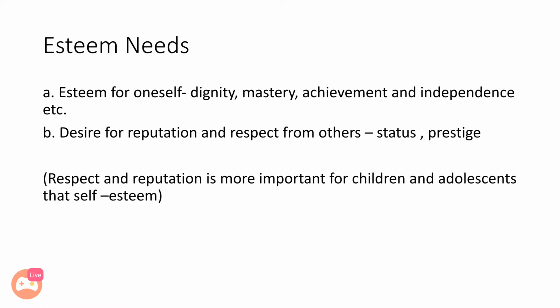This is status, prestige, okay. Because children are forced to follow certain kinds of rules and discipline, probably that's why the need for reputation and respect from others is more as compared to adults. Okay, so these were the esteem needs.